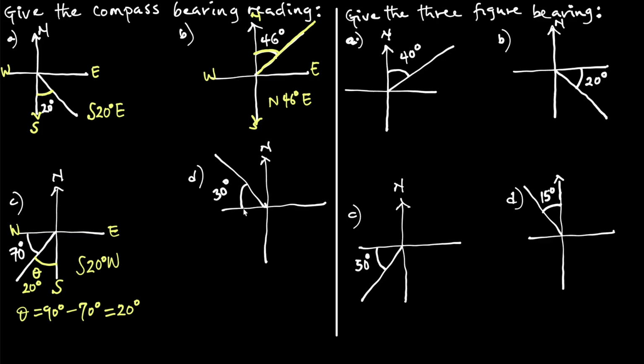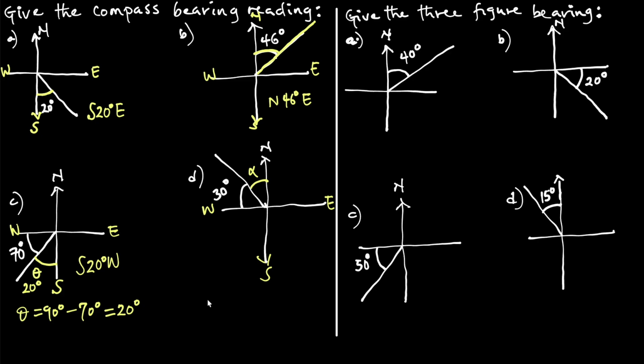In the D part of this question, the same thing is happening. You would see that the angle 30 degrees is being made with the west-east line, and it has to be the north-south line. So we need the angle that is here. So let me call this alpha. So to find alpha, what do we do? Remember that the whole of north and west carries a total angle of 90 degrees.